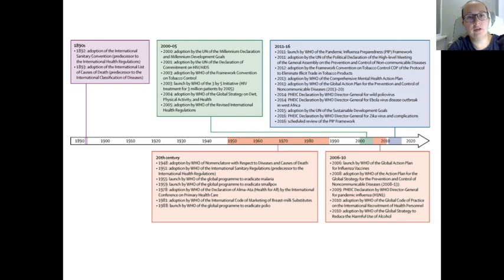Talking about the documents, first of all, we should talk about the categories of public health concern. It has a lot of different categories.